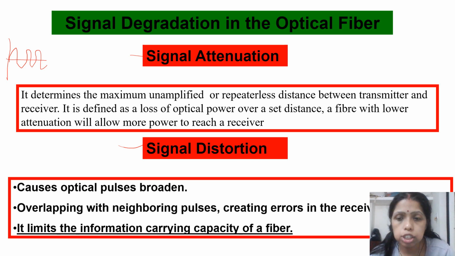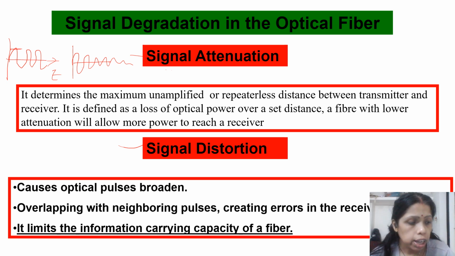In signal attenuation, this is the amplitude which is varying with the distance. It's propagating along the length of the fiber, right? So this is the amplitude of the optical signal. If after a certain period the amplitude of the optical signal is decreasing with respect to distance, then this effect is called signal attenuation.